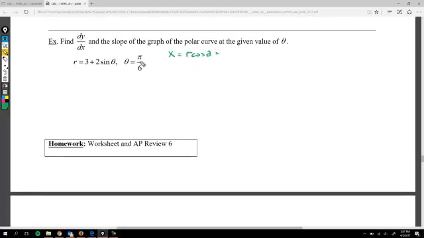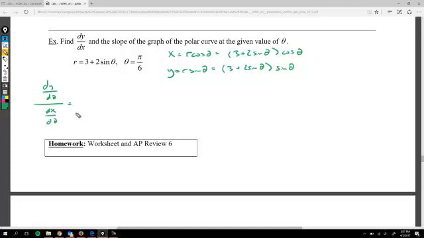Okay, so my radius is defined as 3 plus 2 sine, and this cosine is just that cosine. Y is defined as r sine of theta. So again, my radius is defined as 3 plus 2 sine of theta times sine of theta. All right, so kind of complicated, but it's all good. So now I need to figure out what dy d theta is divided by dx d theta, and that will give me my dy dx.